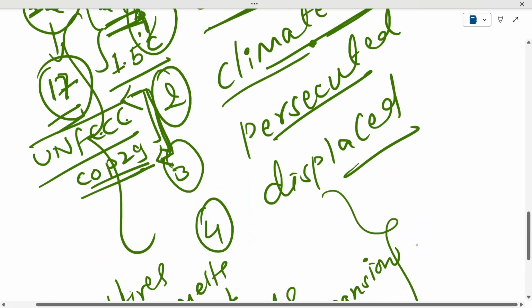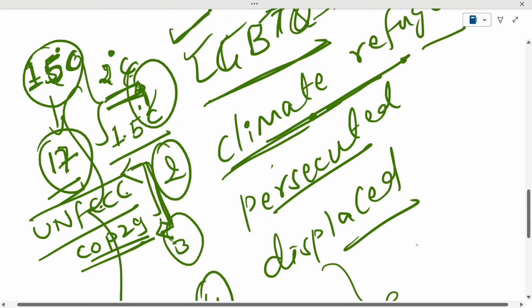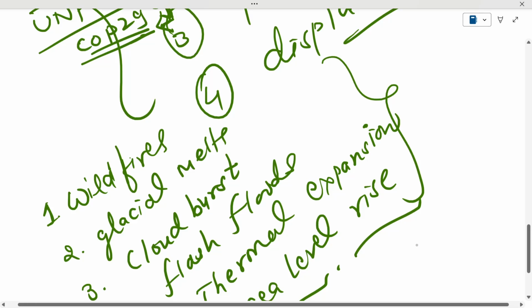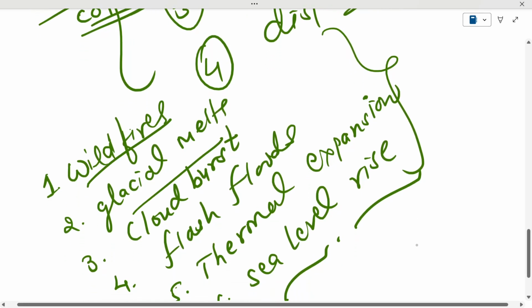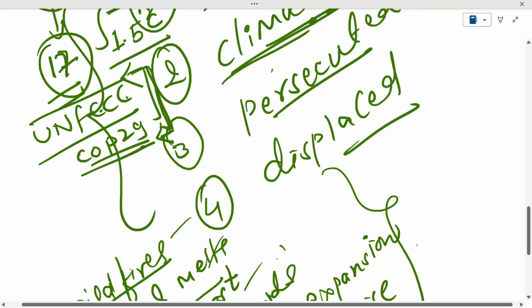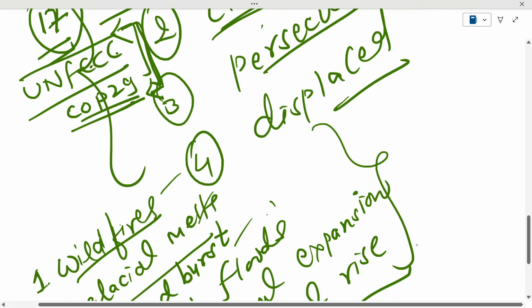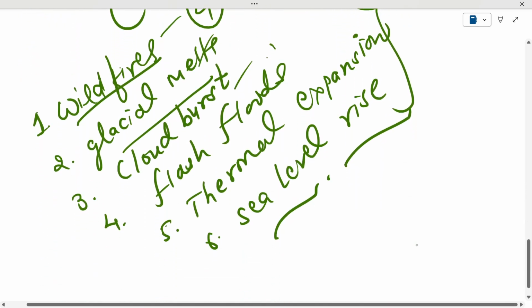But the people who have suffered from these adverse effects, by wildfire, glacier melt, cloudburst, or any such impacts, were displaced from their places. They had to move from the place they were living in, such as with sea level rise.